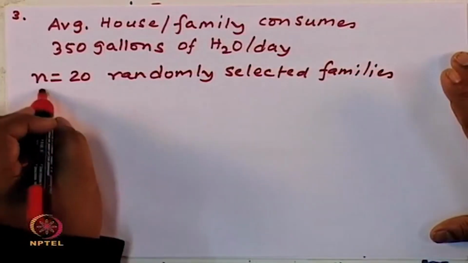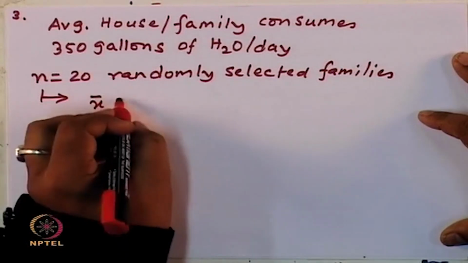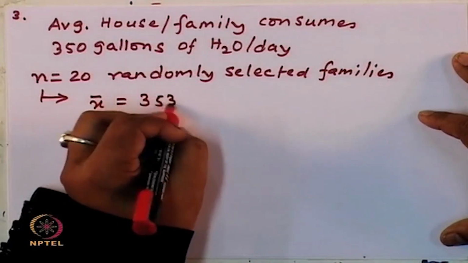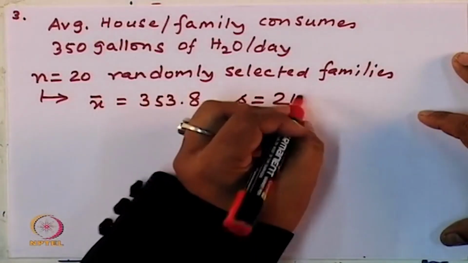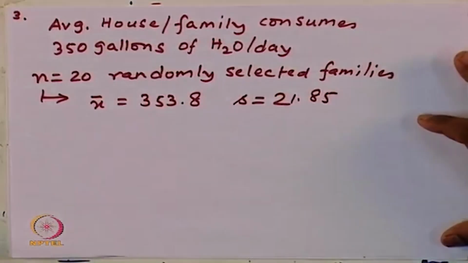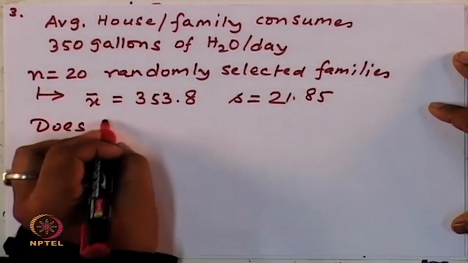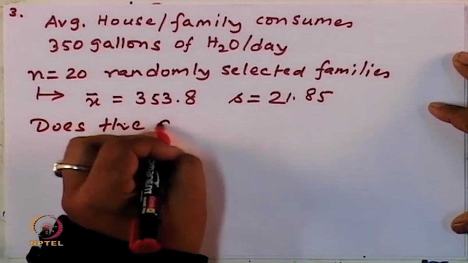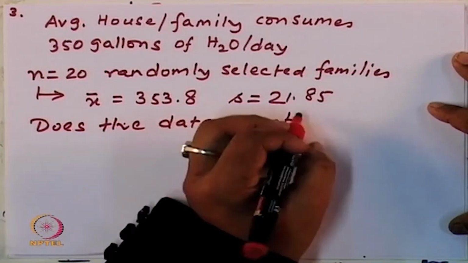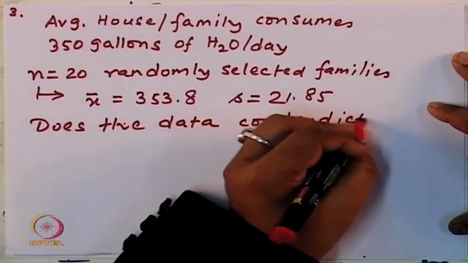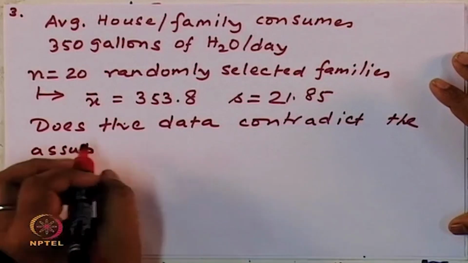For these 20, you have calculated a mean x bar of 353.8 and S of 21.85. So, the question is, does the data contradict the assumption?